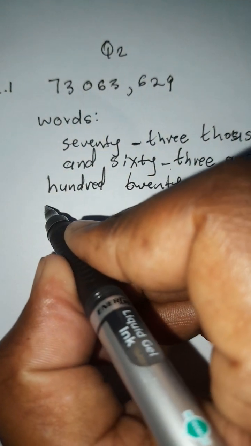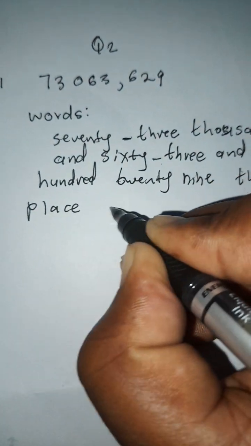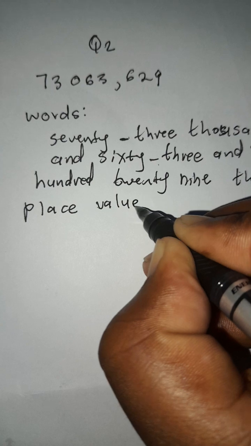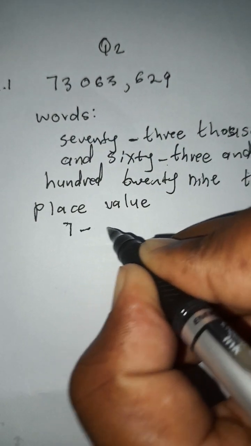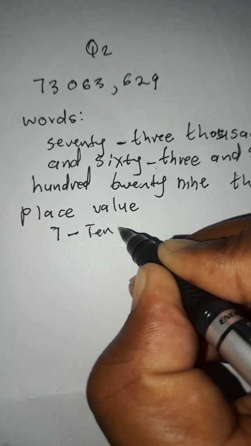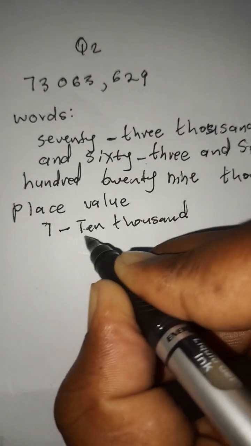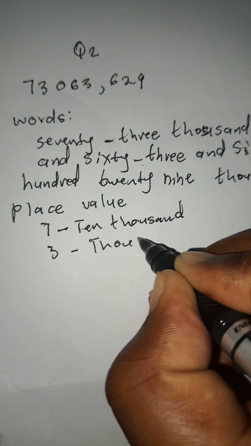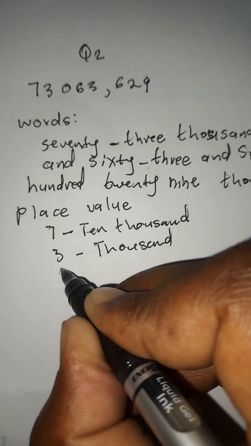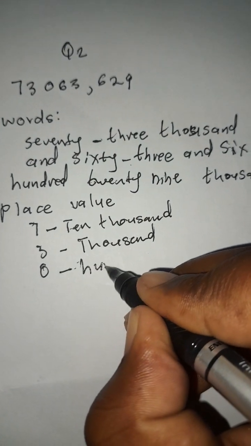So in terms of place value, guys, let me put this: 7 will be in 10,000s. Then 3 will be in 1,000s. 0 will be in hundreds.